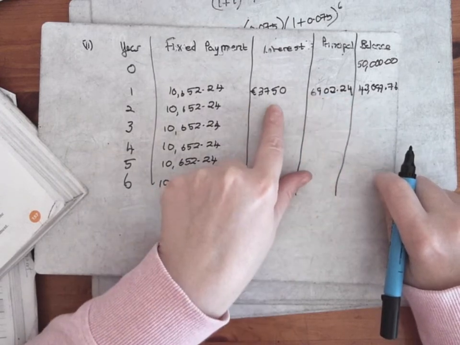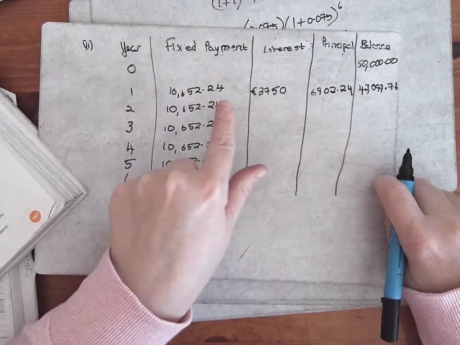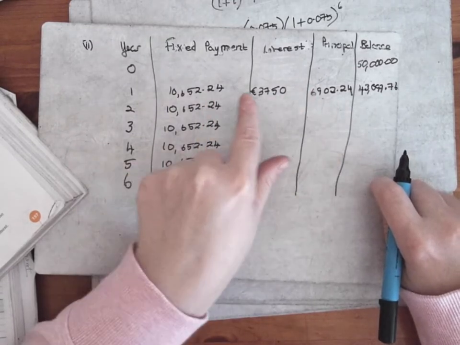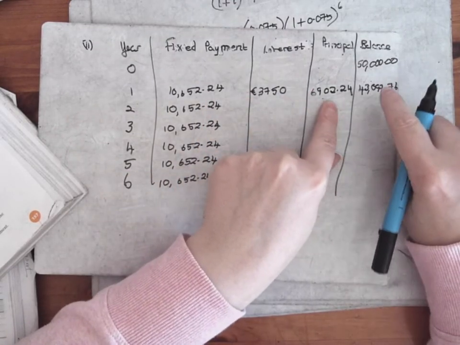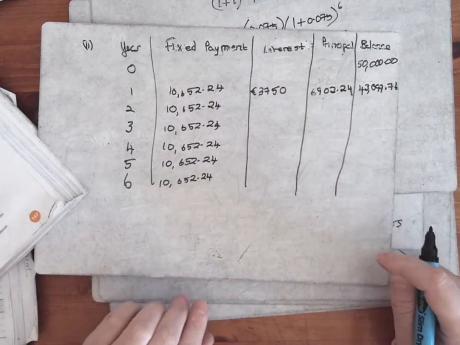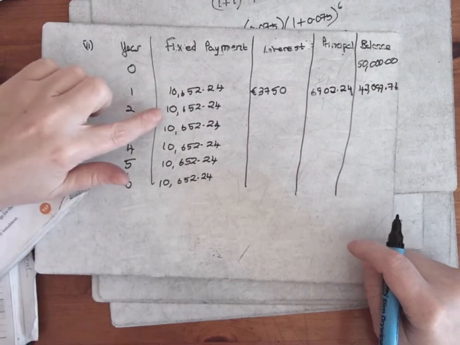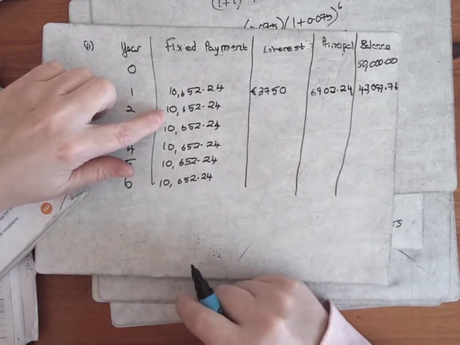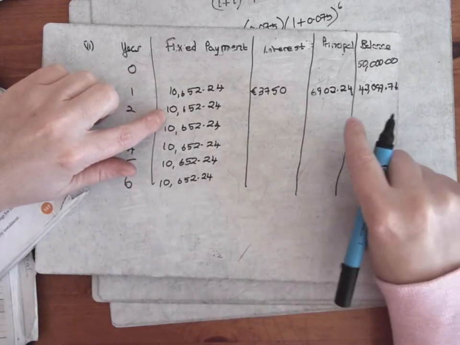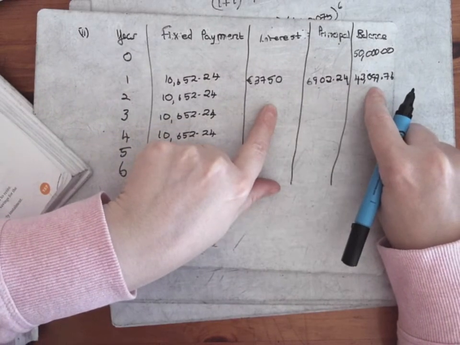So she paid them 3,750 interest and she took 6,000 off, these two bits add up to her total repayment. So she only owes them 43,097 euros and 76 cents. Year 2, she again pays her agreed repayment. The interest is now 7.5% of the balance.